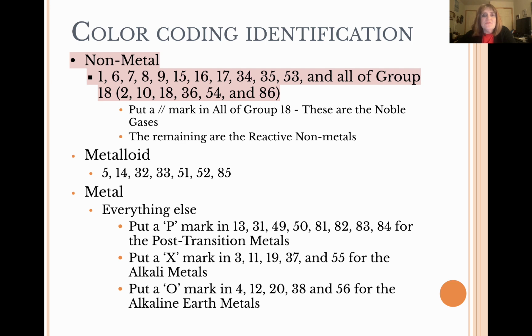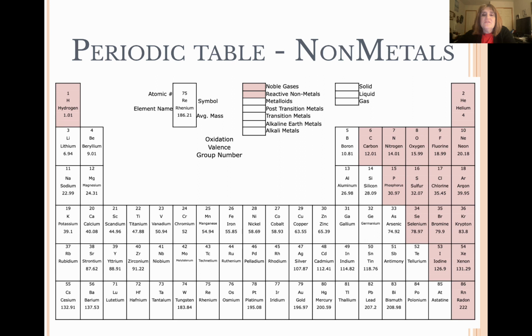That's elements 2, 10, 18, 36, 54, and 86. So color code all of those one color. Those are your non-metals. So the noble gases and the reactive nonmetals are the same color. Your periodic table should be color-coded like this.